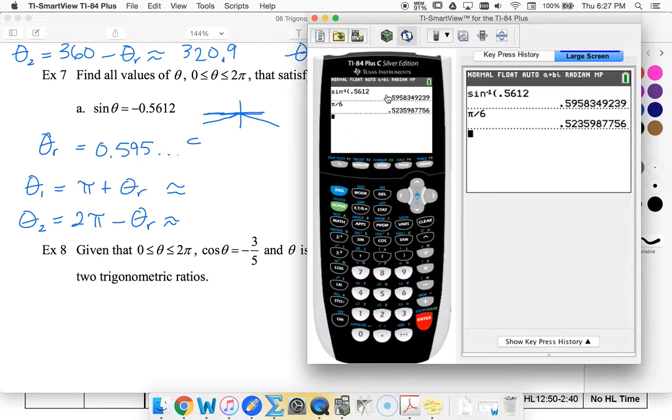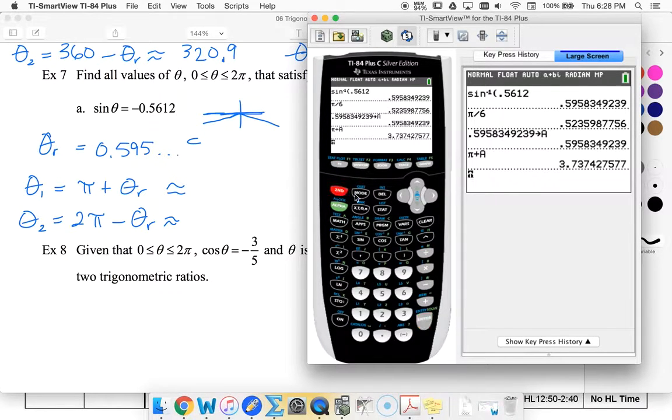So I'm going to use my store function. I'm going to take this first value I calculated and store that as a. And now I'm going to do pi plus a. And I'm also going to calculate 2 pi minus a.